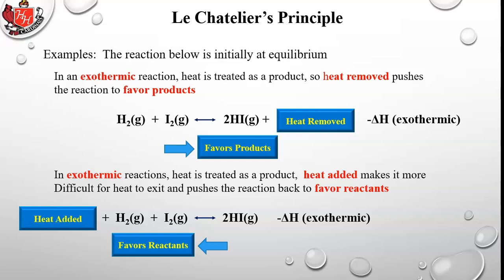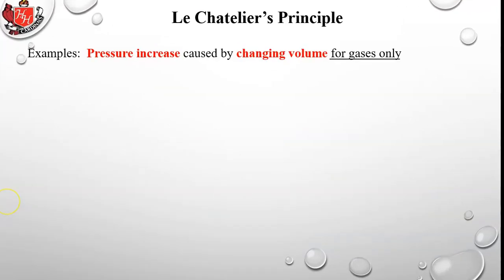The way you would do that is by turning up the temperature of the reaction vessel or of the surroundings. You'd be shoving heat into a reaction that wants to be able to give it off. So you're kind of preventing that reaction from giving off the heat it wants to give off. So adding heat is going to push the reaction backwards. It's going to push the reaction back to the left. So think about that one a little. It might not be quite as obvious.